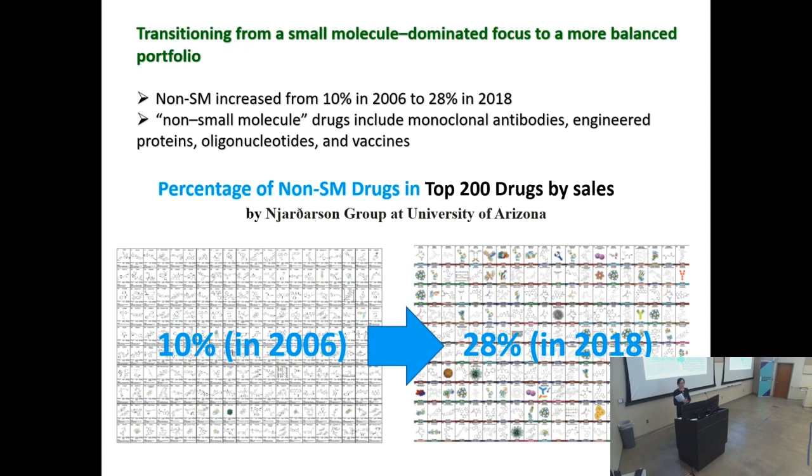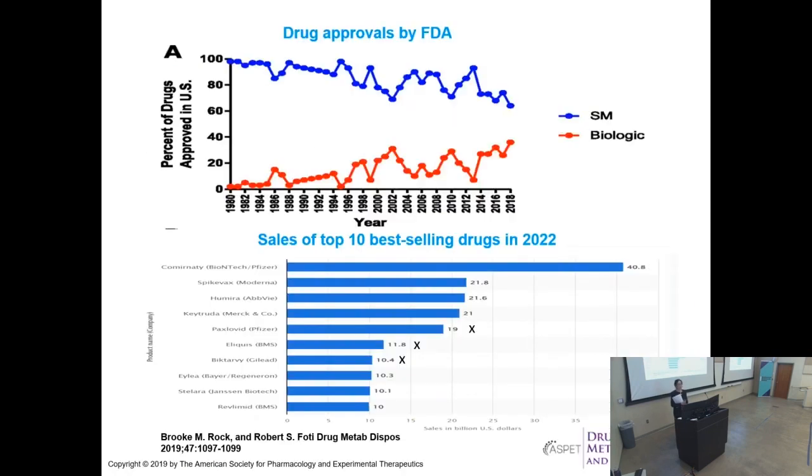The percentage of non-small molecule drugs increased from 10% in 2006 to 28% in 2018. If you look at the drugs approved by the FDA through the years, before the year 2000 most of the drugs were small molecules, but recently we can see the trend of large molecule drugs increasing.